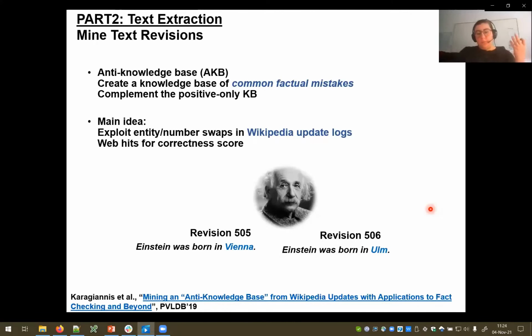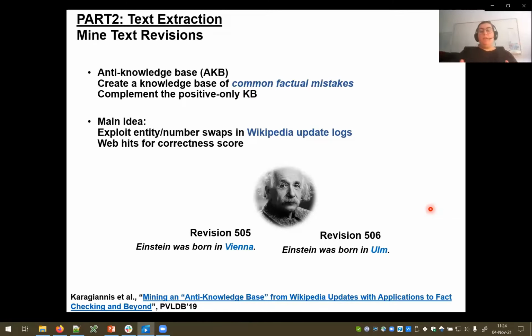In this case, for example, for Albert Einstein and the revision number 505, we had "Einstein was born in Vienna." That has been changed in the next revision into "Einstein was born in Ulm." So it must be that the first one could be a common factual mistake. So people think that he was born in Vienna, and that's an interesting negation.